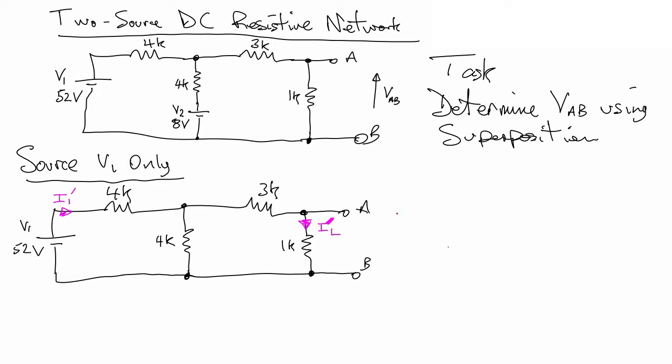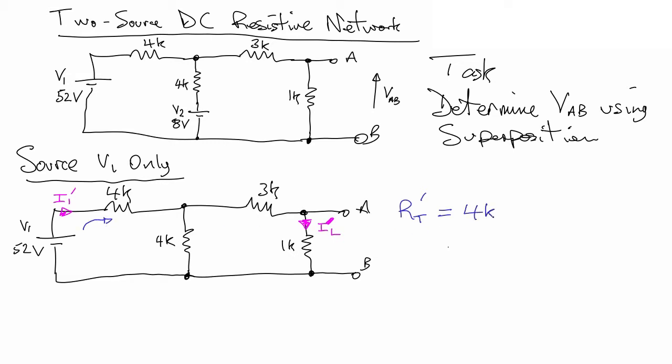Well, let's call this RT. So the total resistance, RT, contributed by source battery, if you like, number 1. And that is going to be equal to, well, we travel this way from V1, you're going to see this 4K resistor.